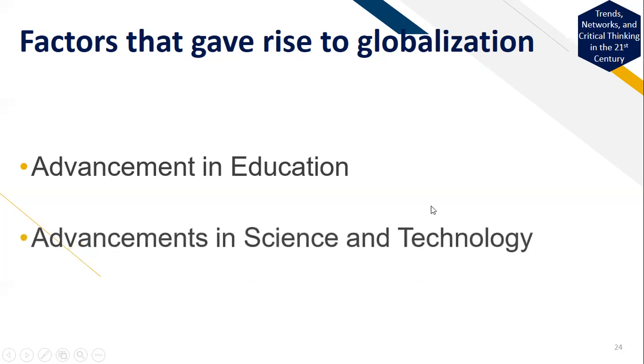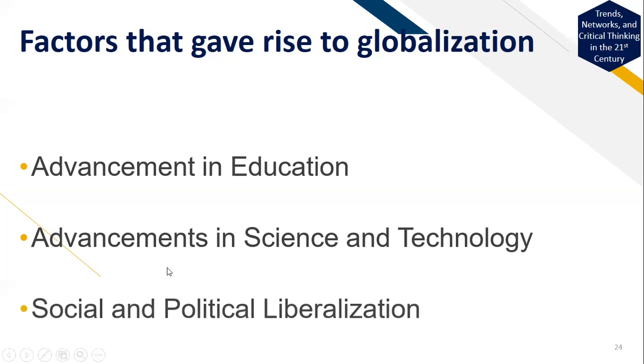Next is of course advancement in science and technology. Alam naman natin lahat na there is a rapid advancement in science and technology. And last is, of course, social and political liberalization. Nagkakaroon ng mas malayang politika at mas malayang society.